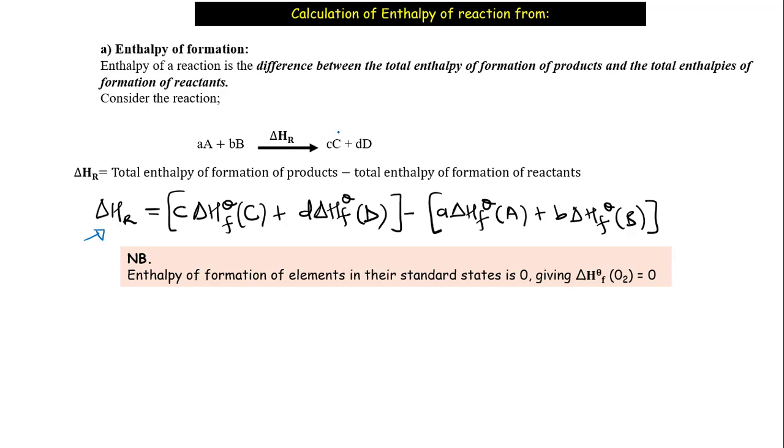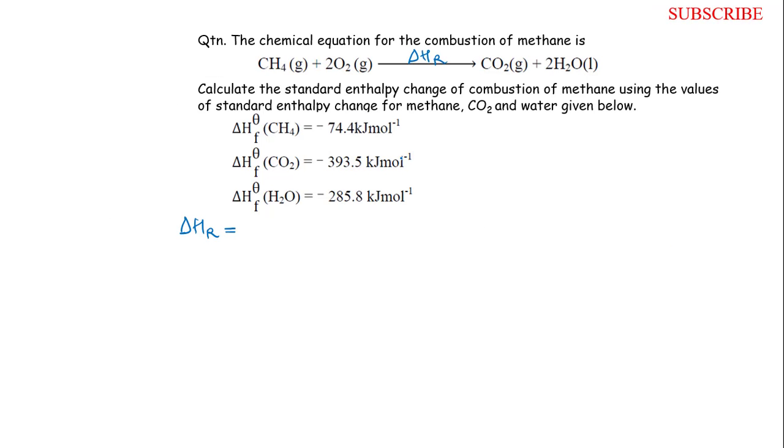Remember, here we had seen that we are going to use the enthalpy change of formation of products minus the enthalpy change of formation of reactants. So our products are carbon dioxide. So we have 1 mole of carbon dioxide. So basically we have the enthalpy change of formation of our carbon dioxide plus twice the enthalpy change of formation of our water. Then this will be minus the enthalpy change of formation of the reactants.